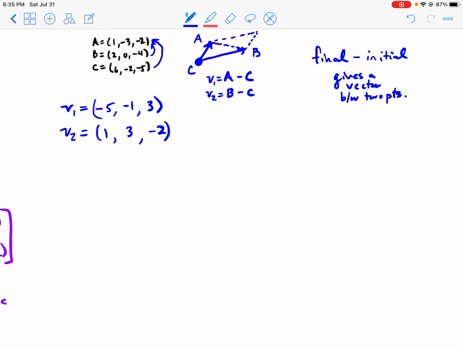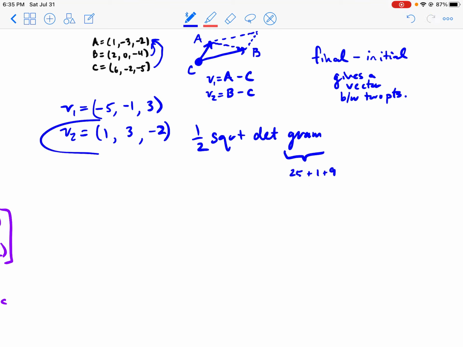Now I take their dot products. So I take, remember I want, well, I guess 1/2 the square root of the determinant of the Gram matrix. Okay, so what's the Gram matrix? I need the dot product of v1 with v1. So that's going to be 25 plus 1 plus 9.